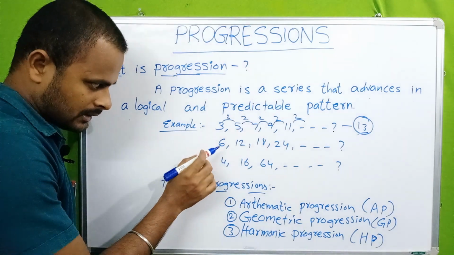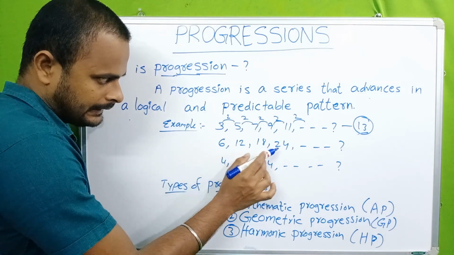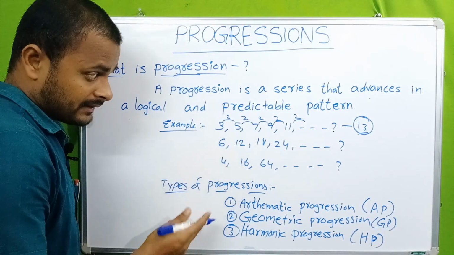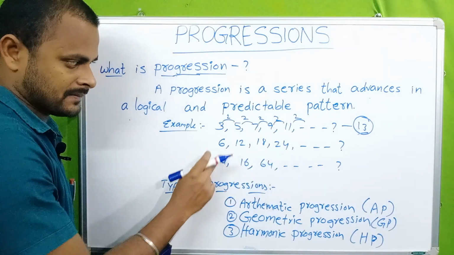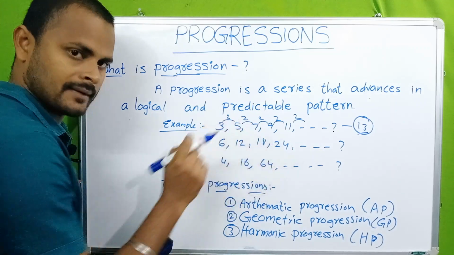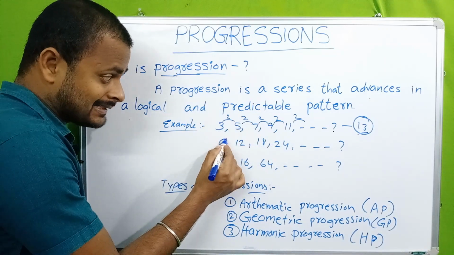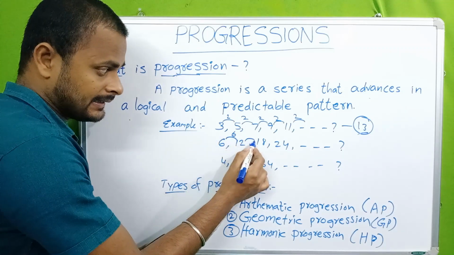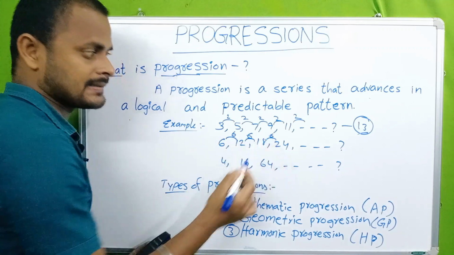Take another example: 6, 12, 18, 24 and so on. Here also, by observing, these are all multiples of 6: 6 twos are, 6 threes are, 6 fours are. There is a relation: the difference between 6 and 12 is 6, 12 and 18 is 6, 18 and 24 is 6.